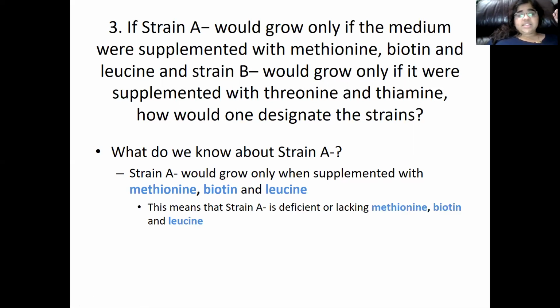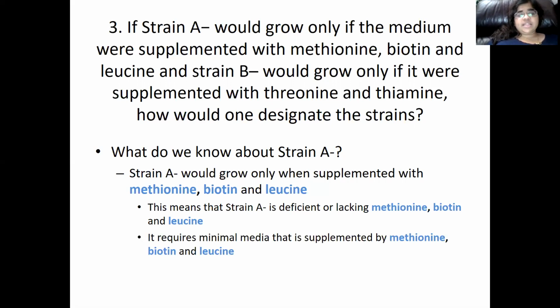So now we know they are lacking it and it requires that supplement. This is how we get this designation: negative for methionine, biotin, and leucine, because that's what they are lacking and that is what is shown in this question.